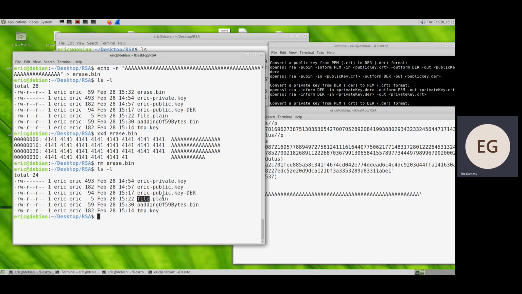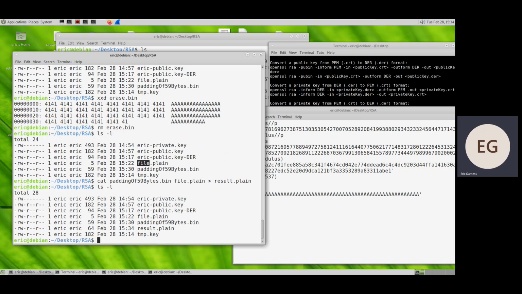How can I do that? I can use the cat command. First I need the padding, then I need this content, and let me generate a file that I call result.plain.